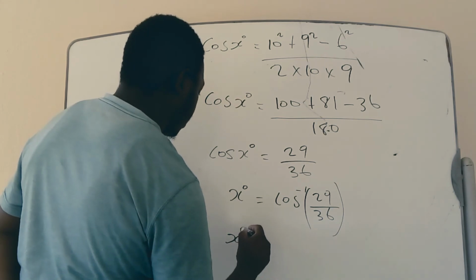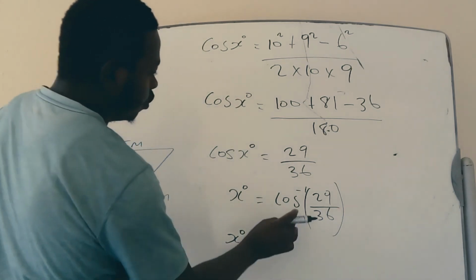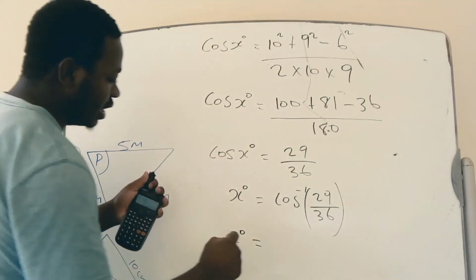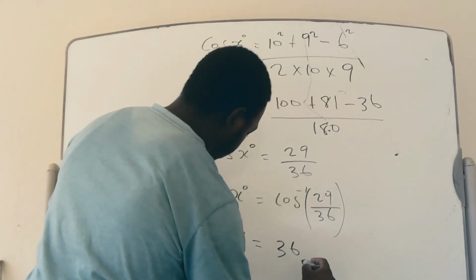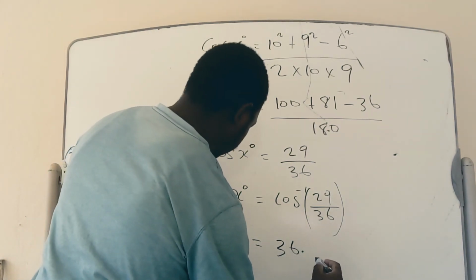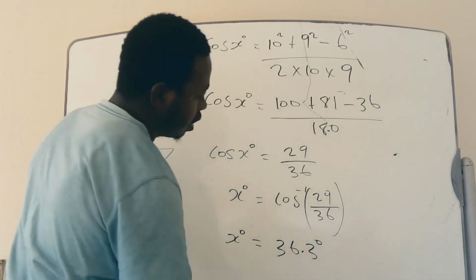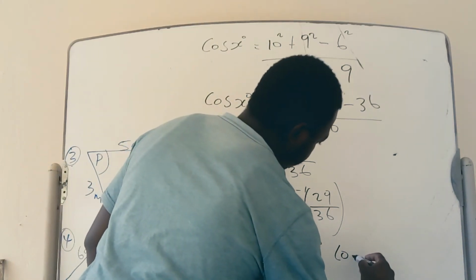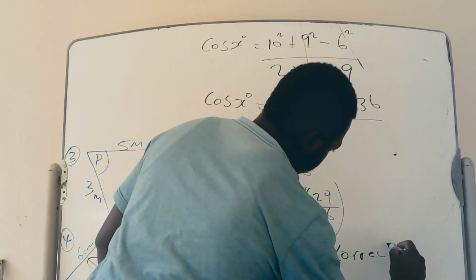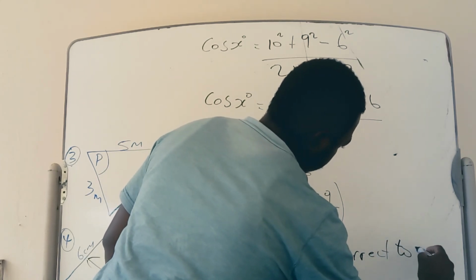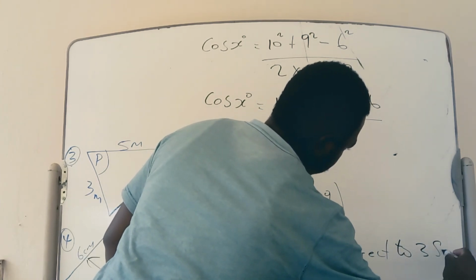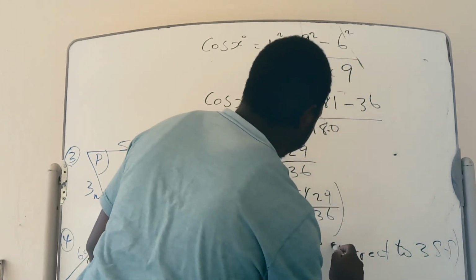So x degrees is equal to, put this on your calculator. Final answer is 36.3 degrees, correct to 3 SF, right?